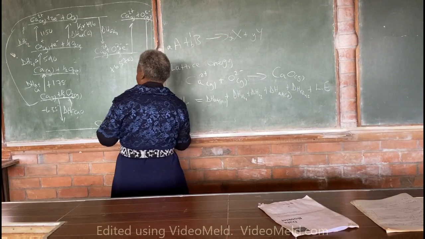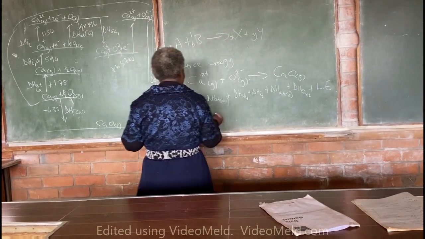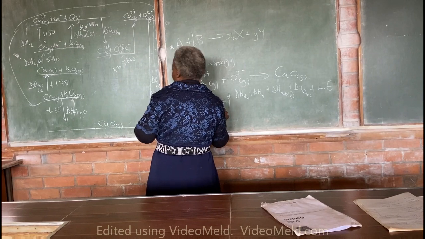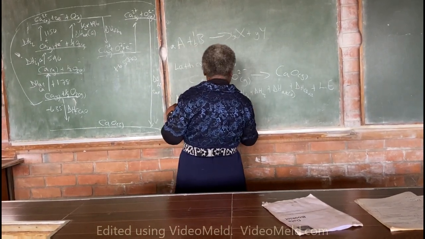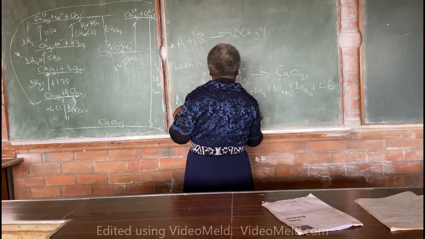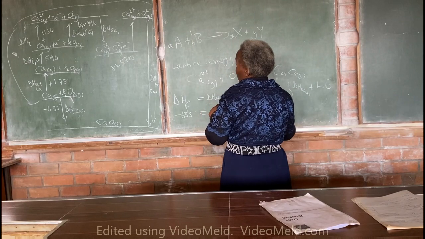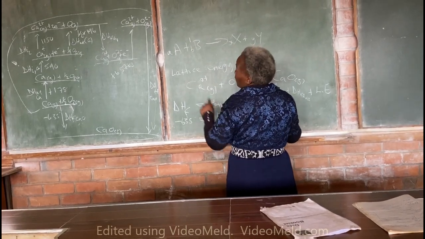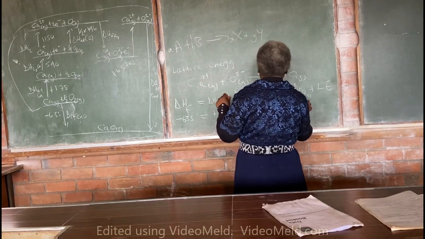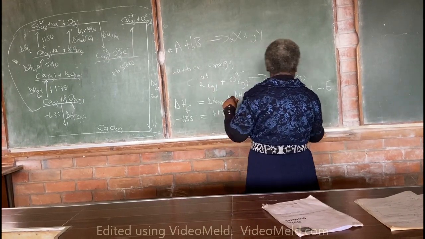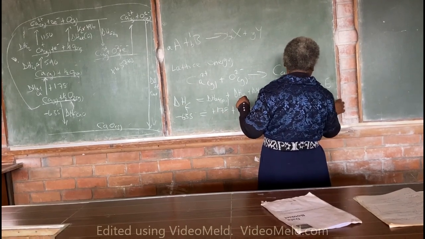So we are simply saying minus 635 is now going to be equal to plus 178 plus 590 plus 1150 plus half of that is 248 plus 657 plus lattice energy.